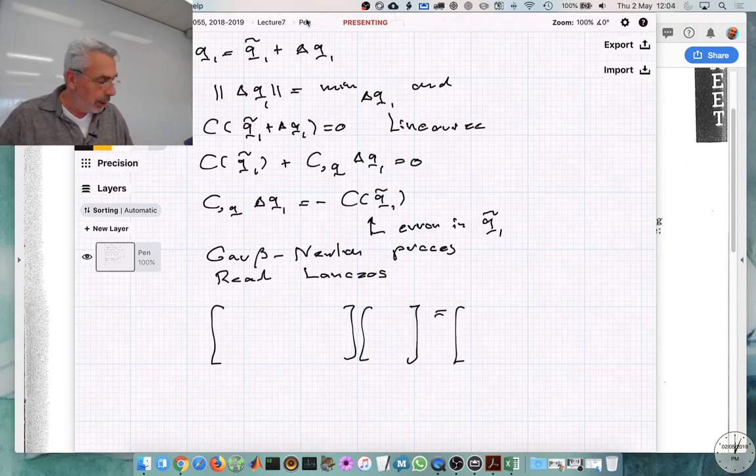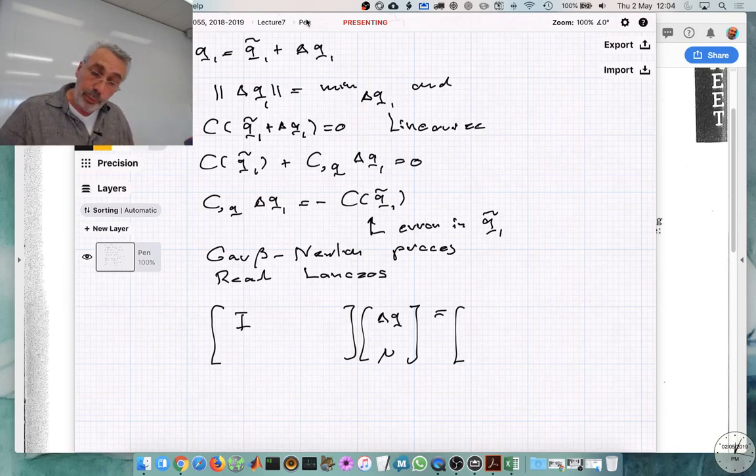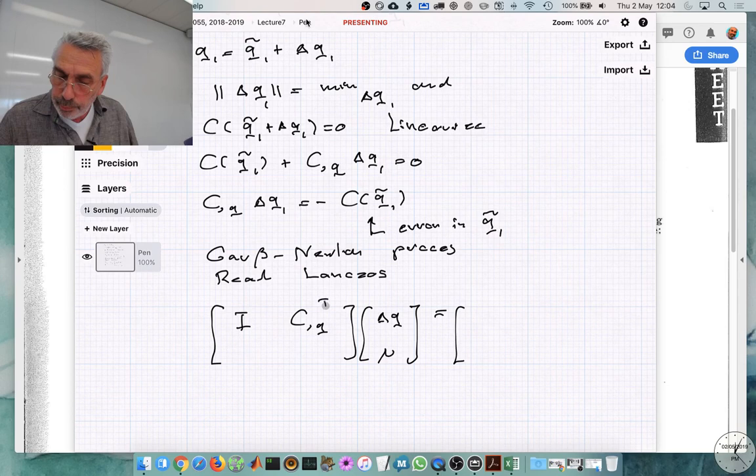Again, you get a set of linear equations. Well, we want to solve our delta Q, but of course we have constraints, right? And then we have a multiplier, and our delta Q has to be minimal, so the derivative has to be 0. And then we have to incorporate the constraints, and lo and behold, we get this well-known form.